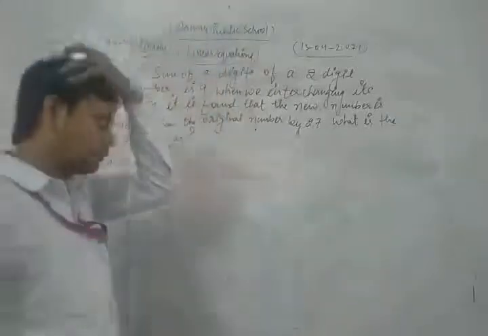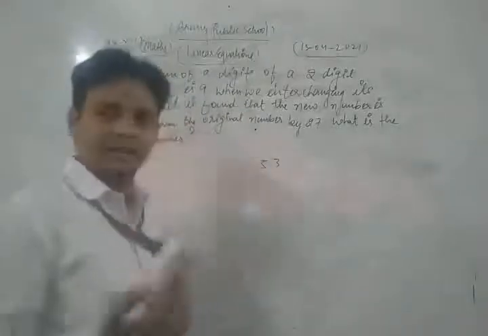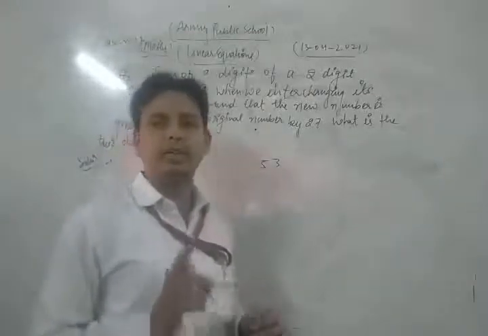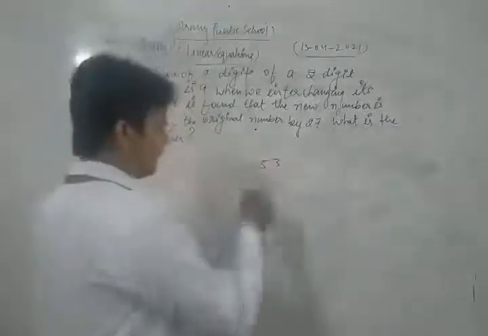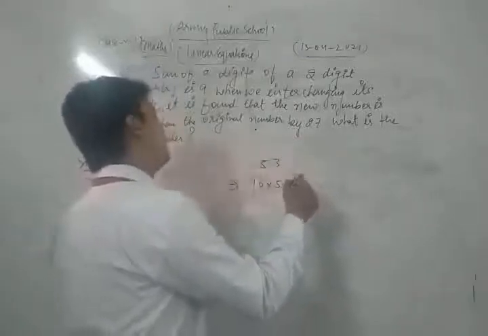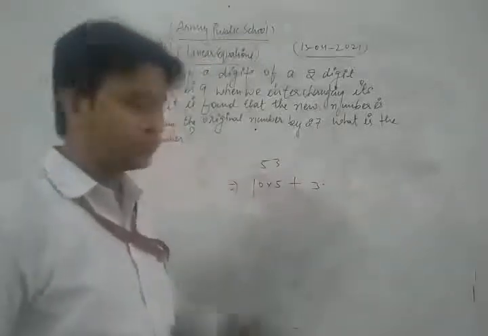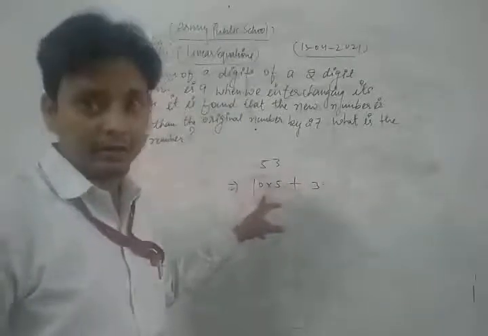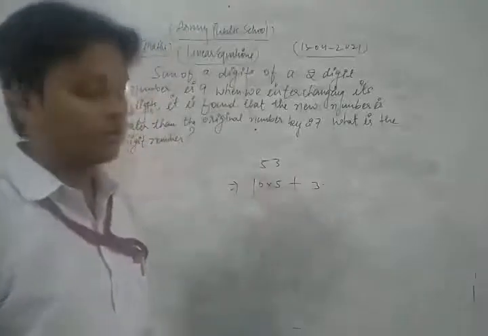If we write any two-digit number, like 53, in a two-digit number one is the ones place digit and the second is the tens place digit, and we can write this number in this way: 10 into 5 plus 3. In this way we observe that the coefficient of the unit digit is 1 and the coefficient of the tens digit is always 10 in any two-digit number. Remember this point and always keep it in your mind. Okay, now we solve that question.